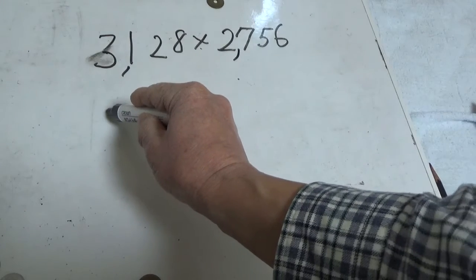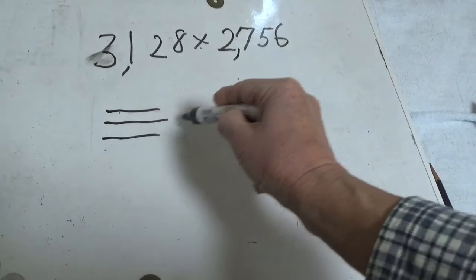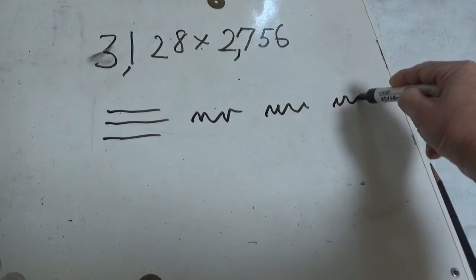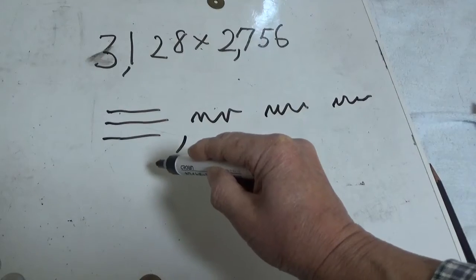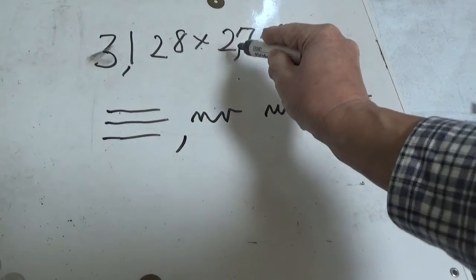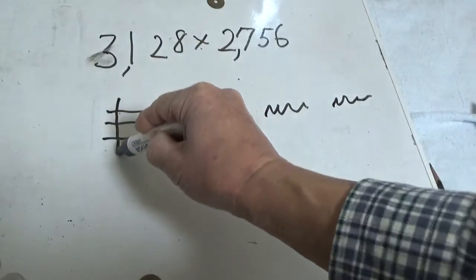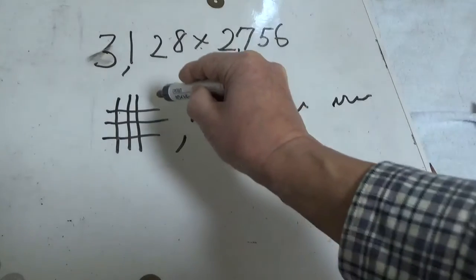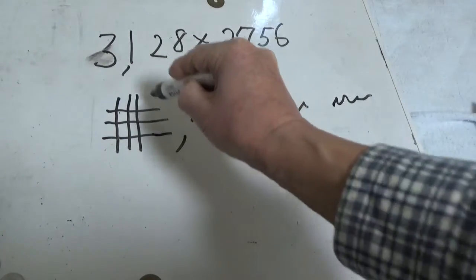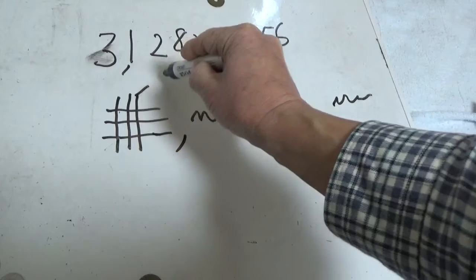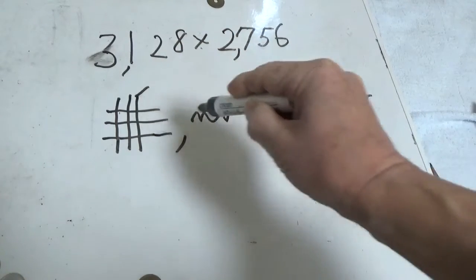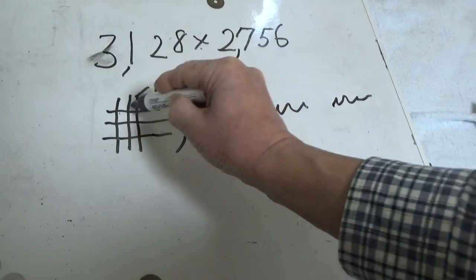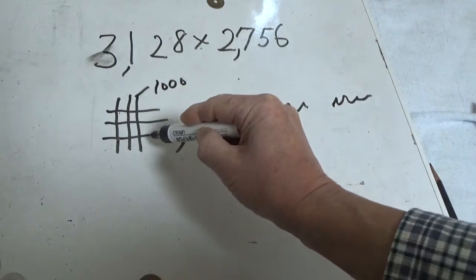That is 3,000. And this is 27, roughly 3,000. Although there should be written, this is 1,000 lines and 1,000 lines.